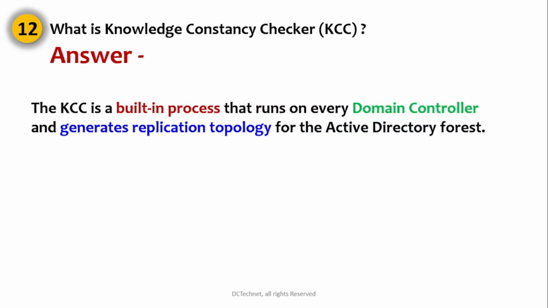The knowledge consistency checker is a built-in process that runs on every domain controller, and this KCC is responsible for generating Active Directory replication topology for the entire forest. So this is a process which runs on every domain controller, and KCC is responsible for generating replication topology across the entire forest.